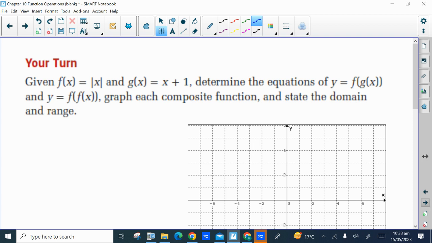So in this case, f is the absolute value of x, g is x plus 1. Again, we want to do the embedded function f at g at x. Working from the inside out, g is embedded into f. Replace the variable in f with all of g, and you're going to get the absolute value of x plus 1.